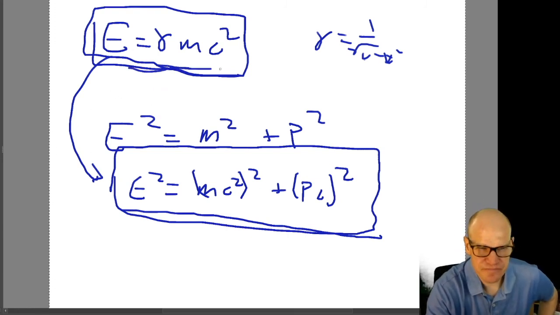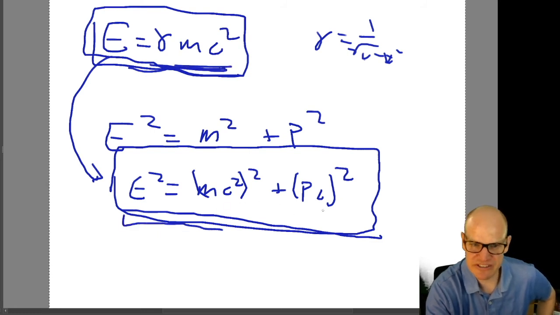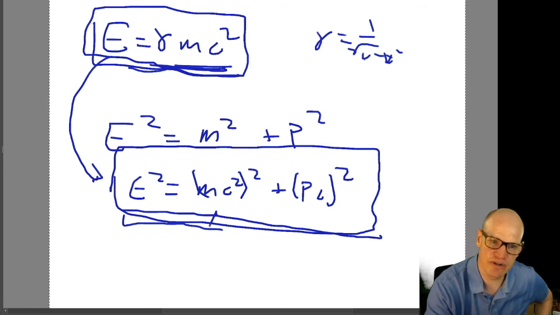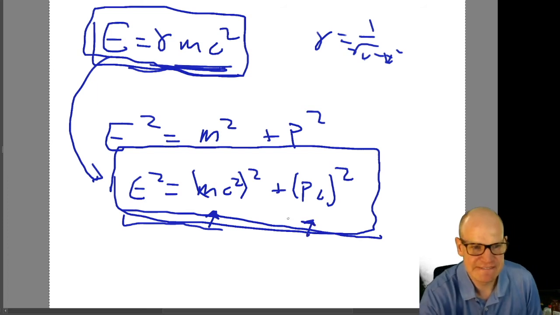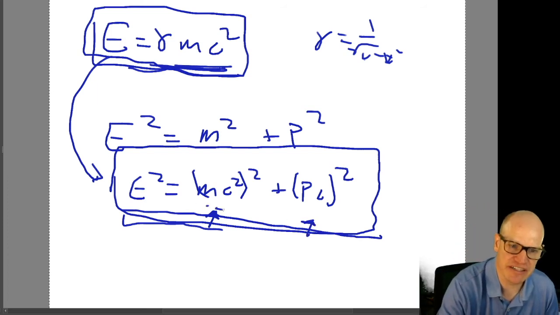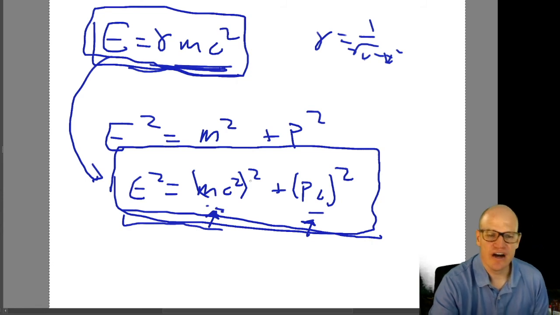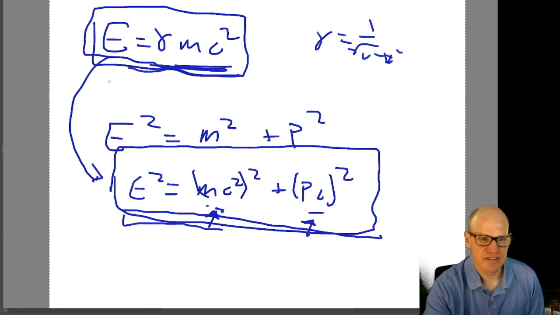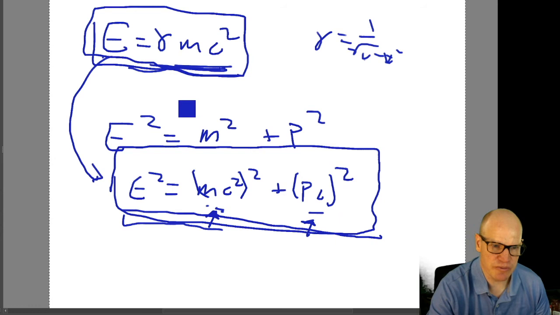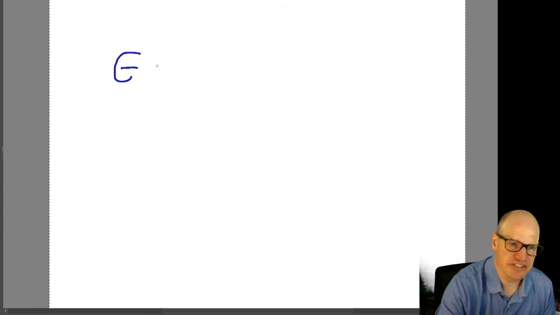Okay, so gamma mc squared right here, you have E squared equals mc squared plus pc squared. So this is basically the mass energy that you have, and this is the kinetic energy, because kinetic energy is related to the momentum. And the total energy is the sum of the mass energy and the kinetic energy. Another way to think about this is the following way. You have energy, E squared equals m, I'm just going to do the shortened version, plus p squared.